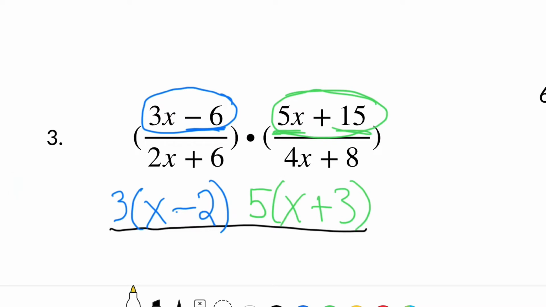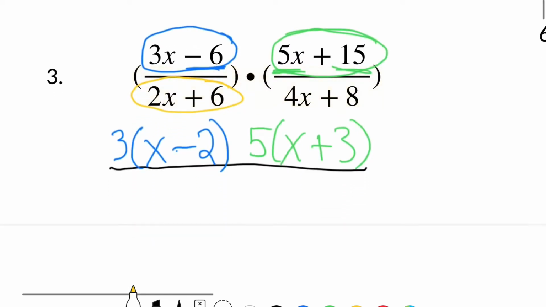Then you look at your denominator. 2x plus 6. Is there a GCF? Yes. 2x is our first term divided by our GCF, gives us x. 6 divided by our GCF is positive 3.